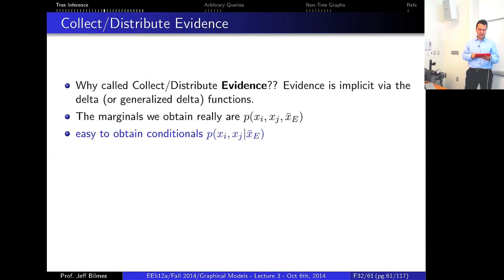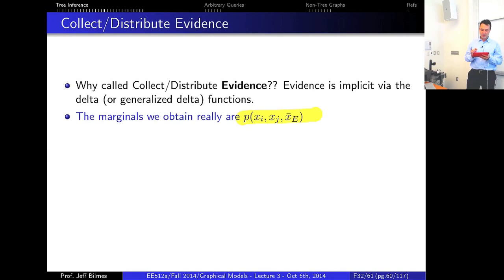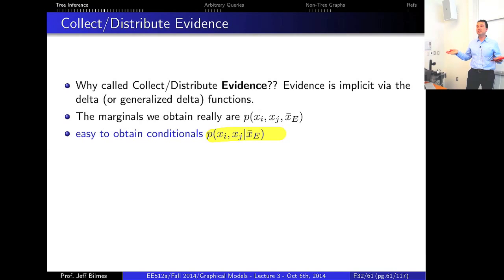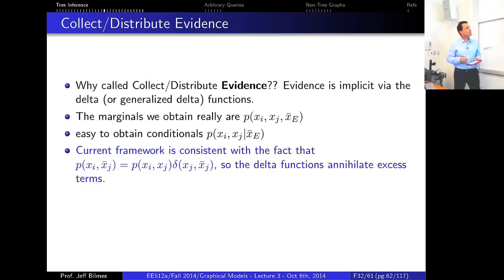Once we have this marginal, by summing out things we can easily compute the conditional distribution, like the probability of xi and xj given the evidence, by just normalizing. The way we incorporate evidence is that when we have an evidence node, we multiply in a Dirac delta function, a function of two variables.